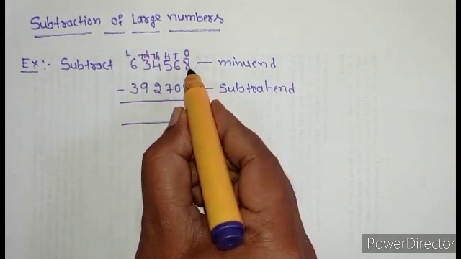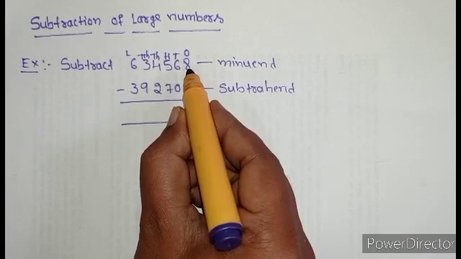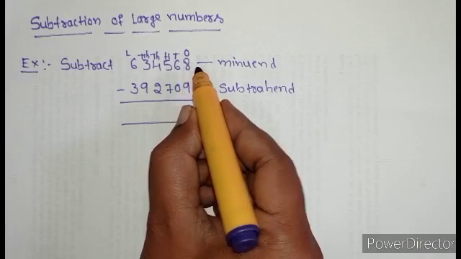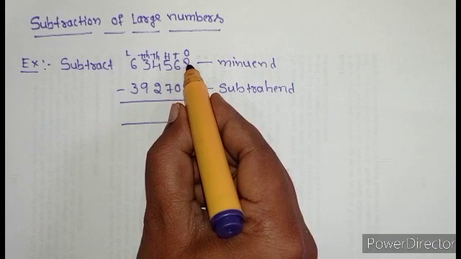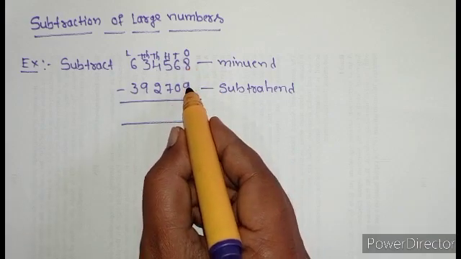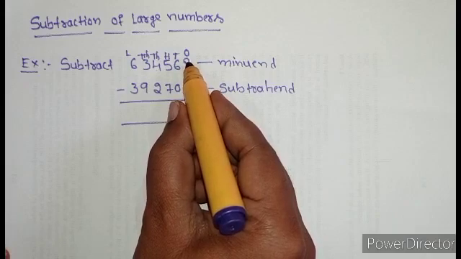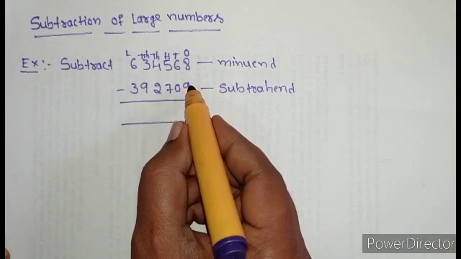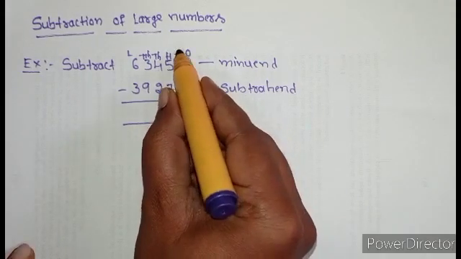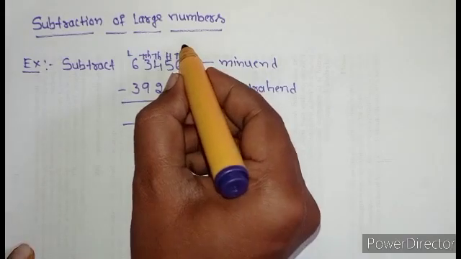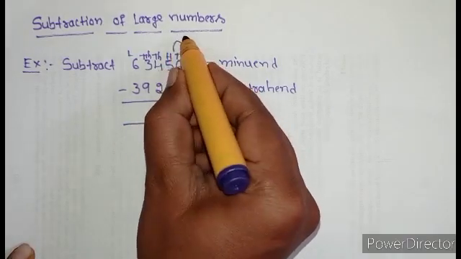Now I am going to start subtraction from the ones column. Here in the ones column 8 is there, and 9 is there. From 8 we can't subtract 9. Take one borrow from 6.